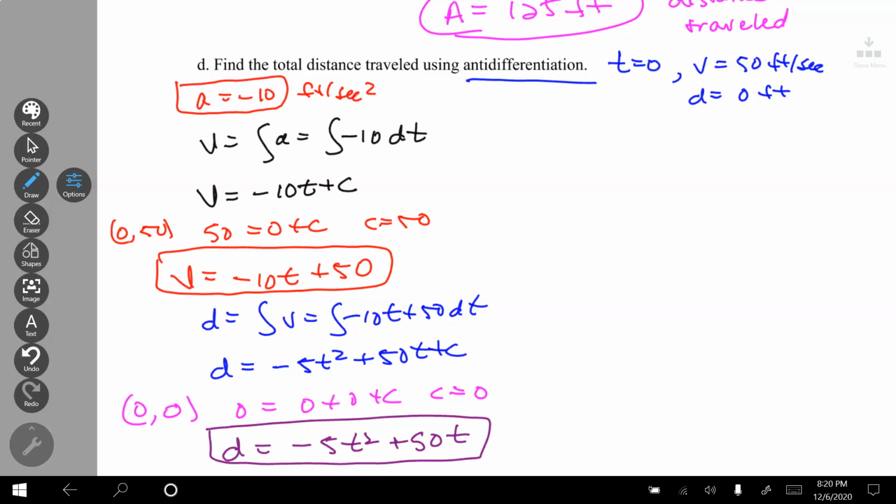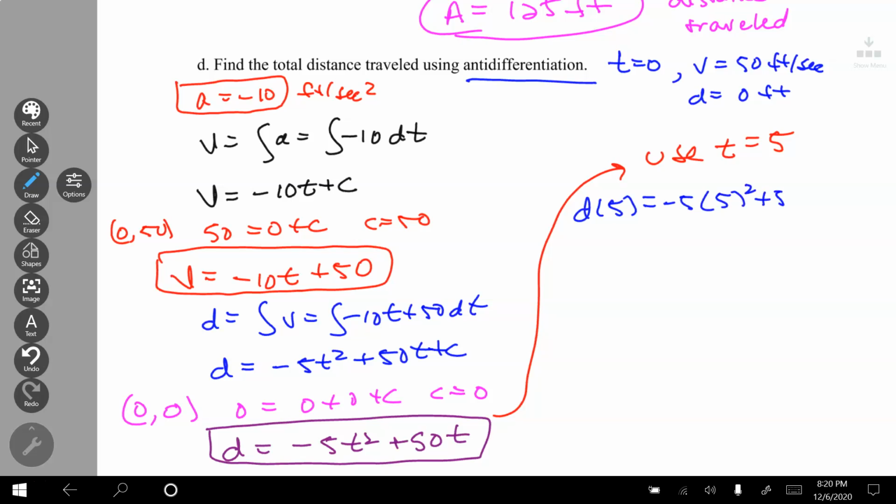But I want to know what's the distance traveled. Well, this up here, I have to use t is equal to 5 seconds, because that's how long it took to stop. So when I plug in 5, I get d of 5 is equal to -5 times 5 squared, plus 50 times 5, and d of 5 is equal to 125 feet.